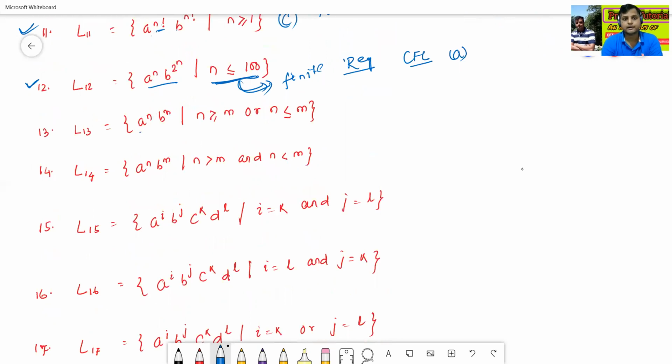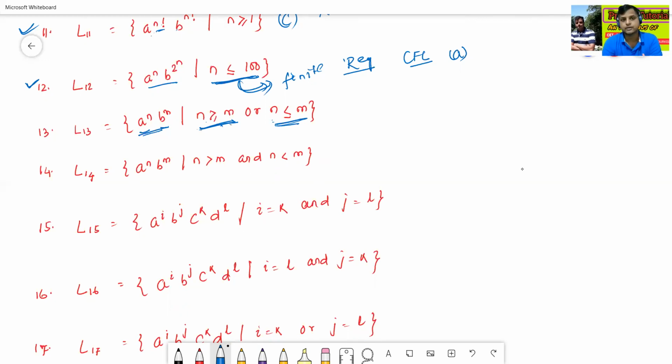Then a to the power n, b to the power m, where n is greater than or equal to m, or n is less than or equal to m. Here we can take any one condition. If I take n greater than or equal to m, this language is context-free. If we take n less than or equal to m, this language is also context-free, because we can take any one condition at a time.